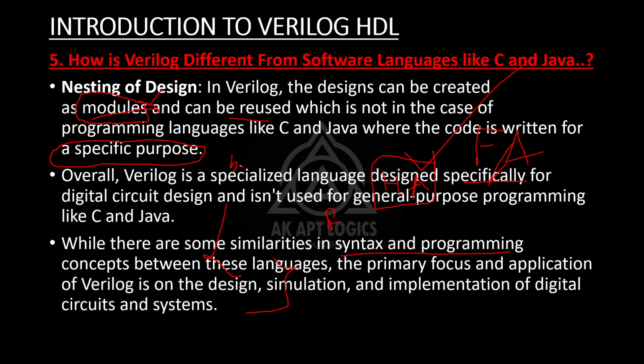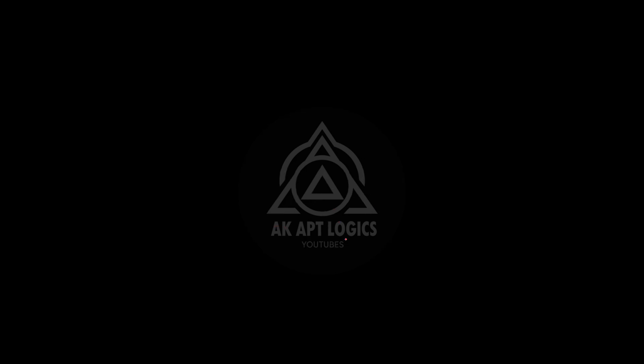Also, some changes are there, that is, we use timing delays. We specify those using hash 10 like this. We use timing delays, but in C we don't use any timing delays. I will discuss all those things again.